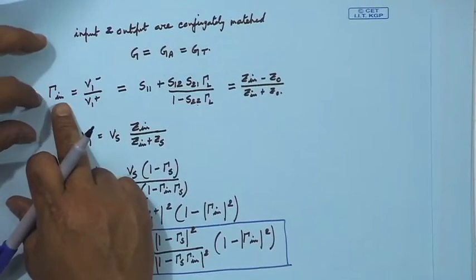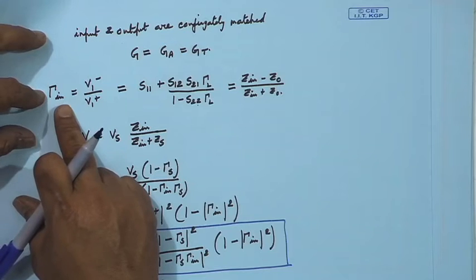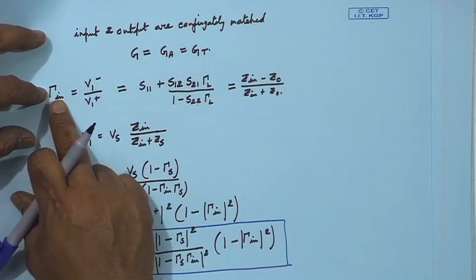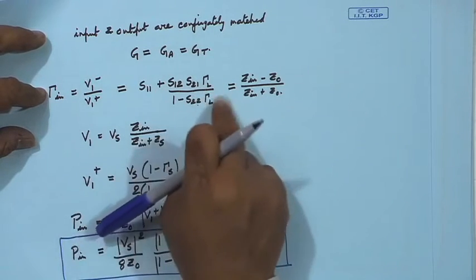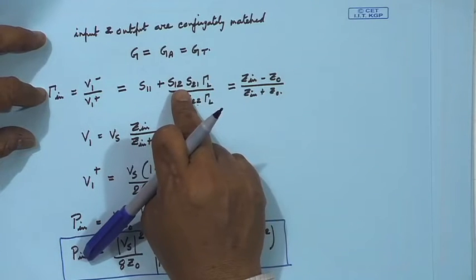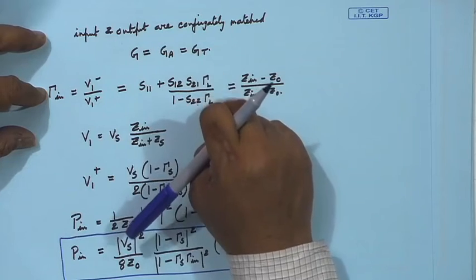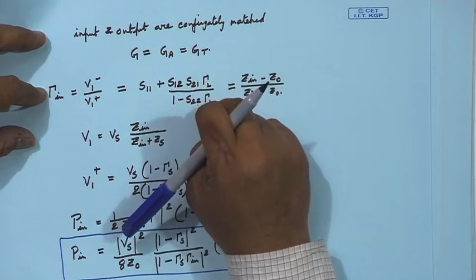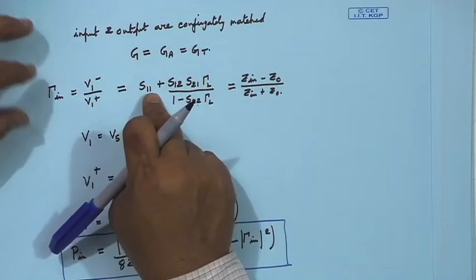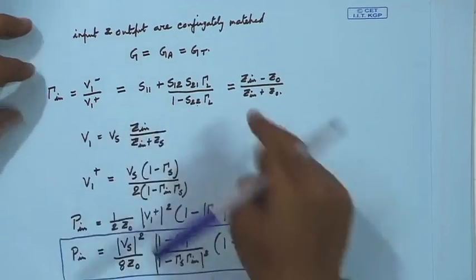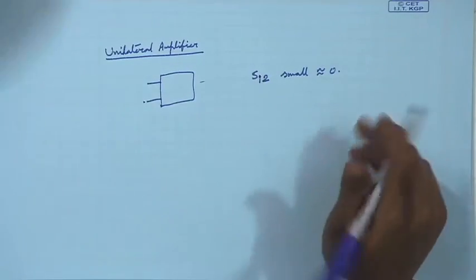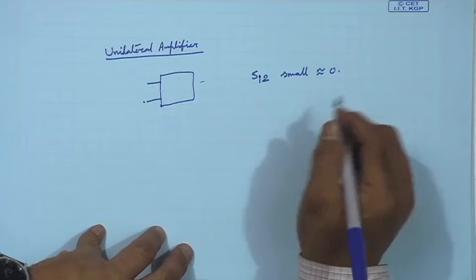You see that from the signal flow graph I said that you can find gamma in is S11 plus this. Now if S12 becomes 0, then even though you don't have a matching at the output, gamma in becomes practically S11. Similarly, the expression for gamma out will be S22.